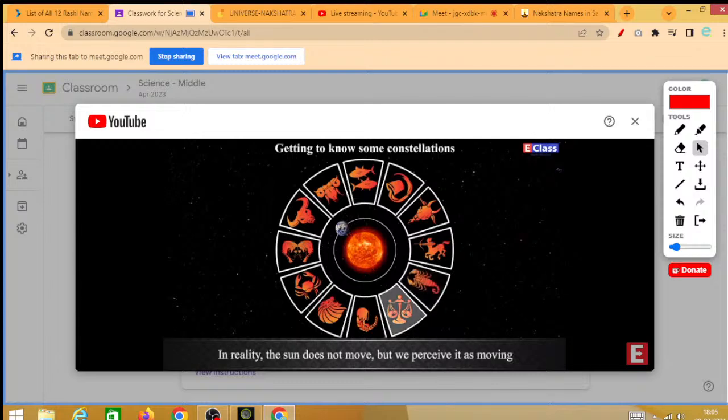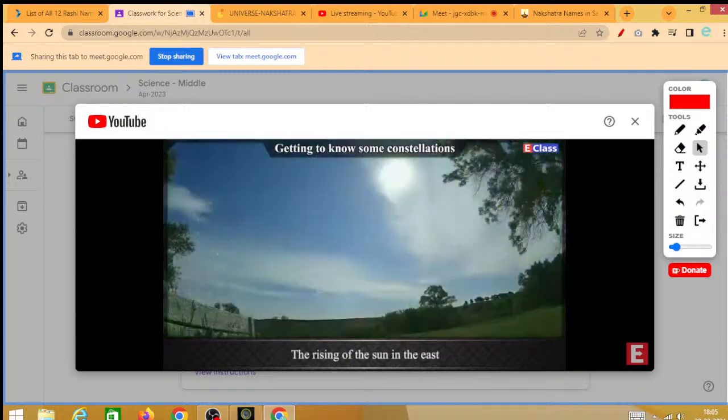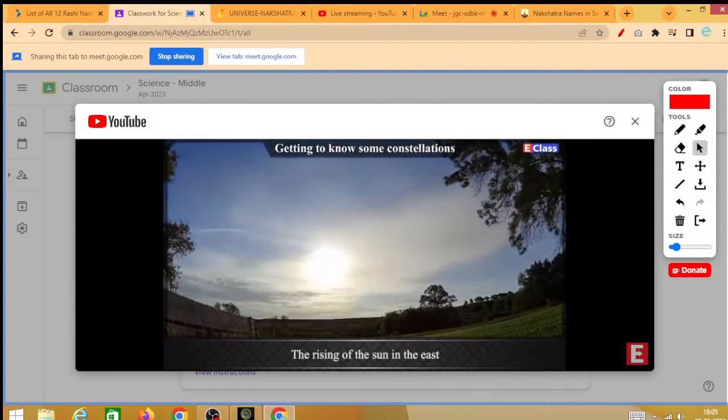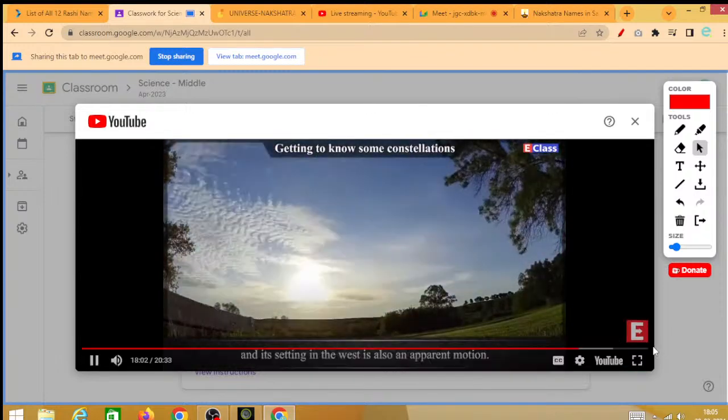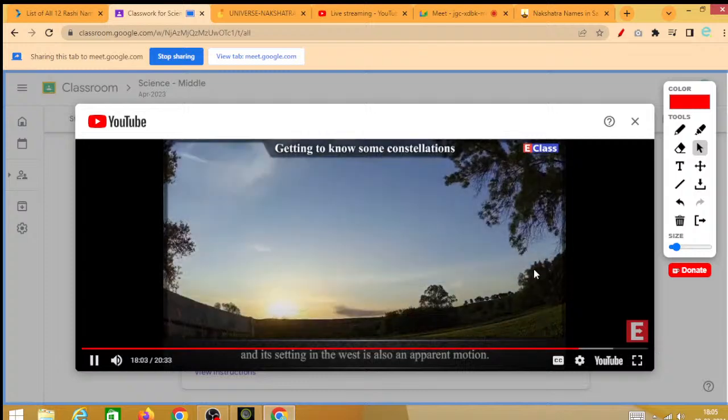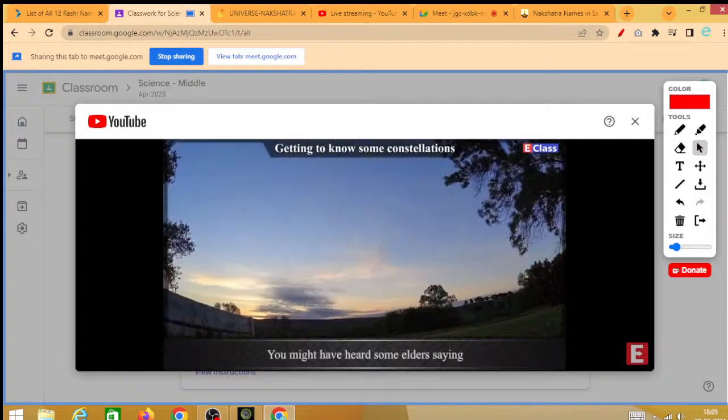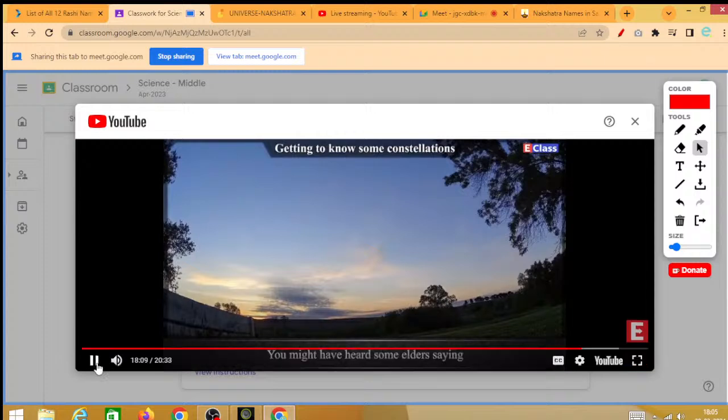In reality, the sun does not move, but we perceive it as moving due to the motion of the earth around it. This motion of the sun is called its apparent motion, and its path is called the apparent path or the ecliptic. The rising of the sun in the east and its setting in the west is also an apparent motion. Apparent means not real.